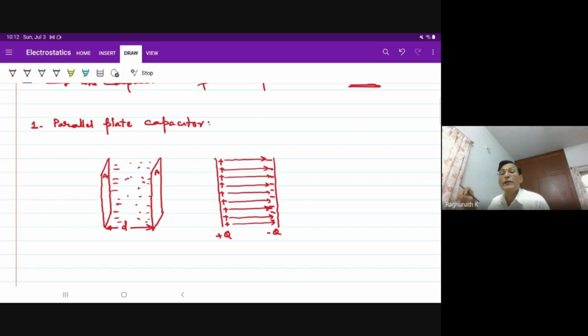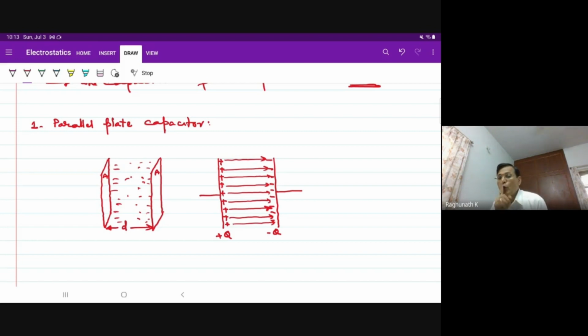Our aim is to determine the potential difference between these two conductors. Now this is a two-terminal device. Please see, this is important for us.